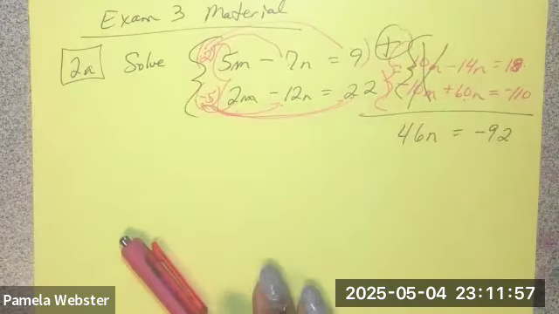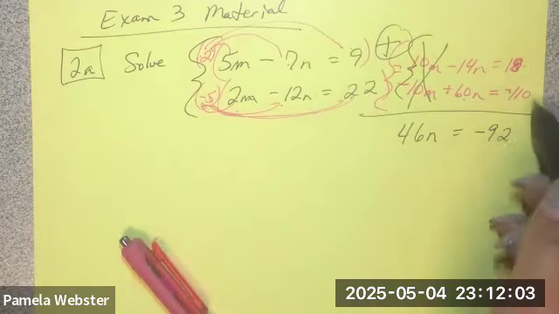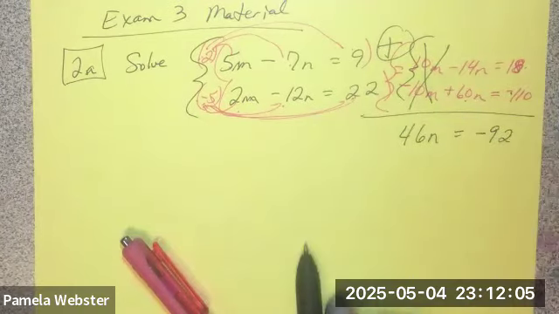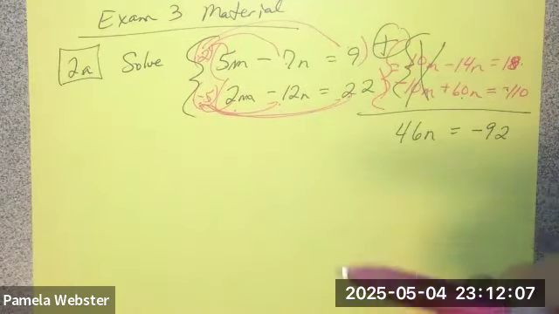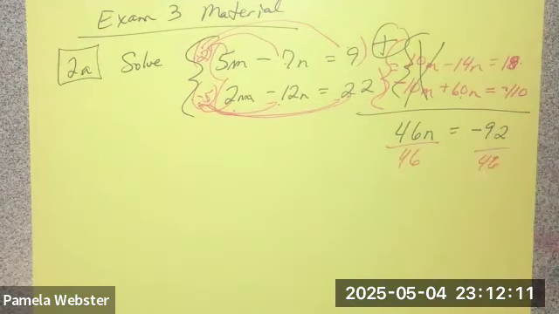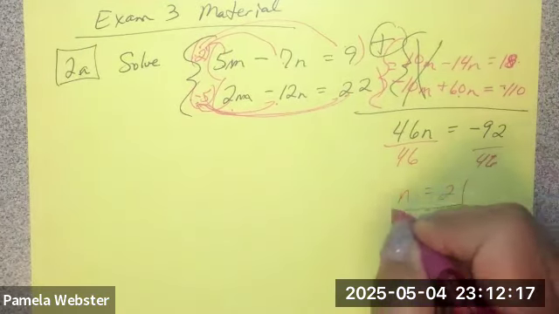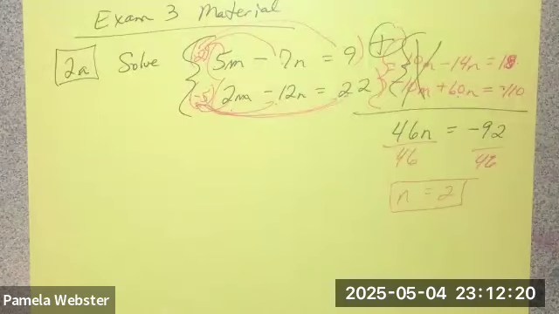If you're not sure about that, punch it on your calculator. You can do it. It ends up with a negative, and the difference between those is 92. And then the last step, divide by 46. Should be a 2. Yep. n equals 2. All right.